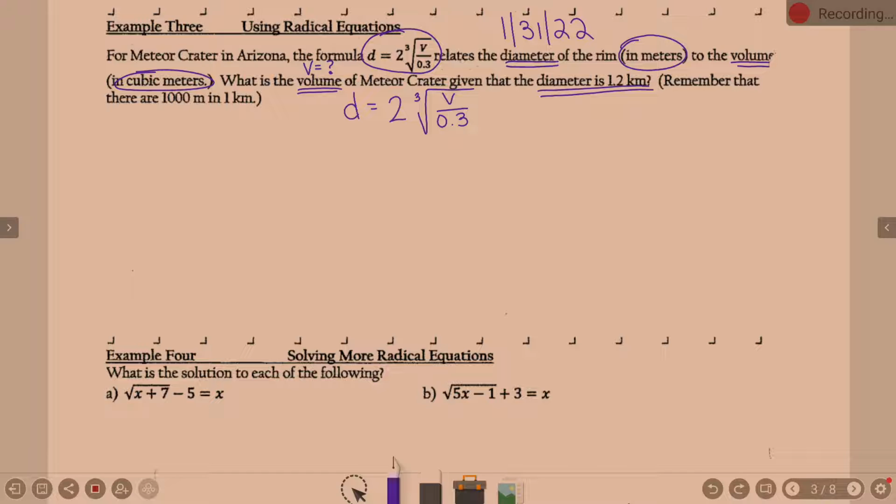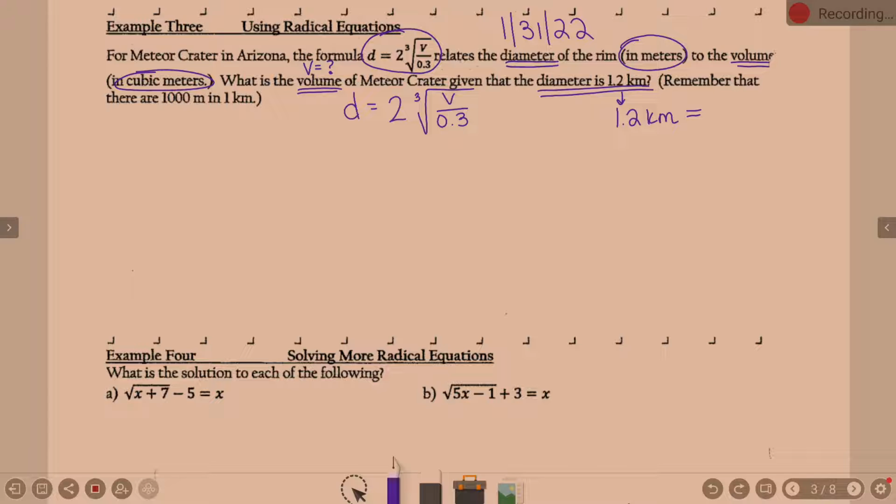That's just the way that formula works. So we need to think about 1.2 kilometers, what that is in meters. If there's 1,000 meters in 1 kilometer, how do I turn 1.2 kilometers to meters?